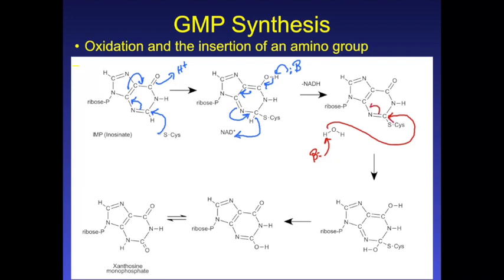Moves the double bond over, which then does what? Moves the double bond over, which then does what? Picks up a proton. Now, moving those double bonds around and picking up a proton, what I've done is I've allowed it to attack, and there's no charged species. It's all neutral. So that's pretty good in terms of reducing the energy required for this reaction.